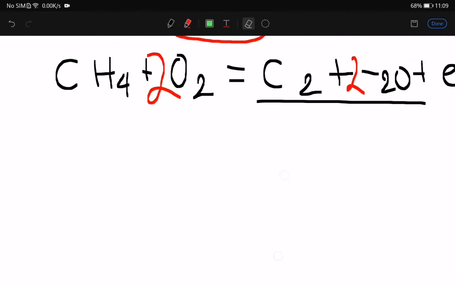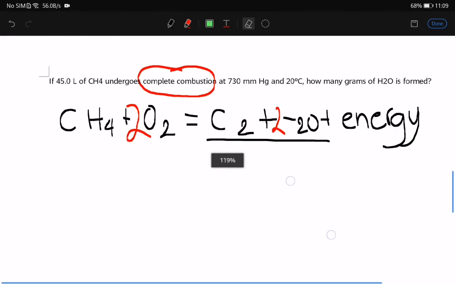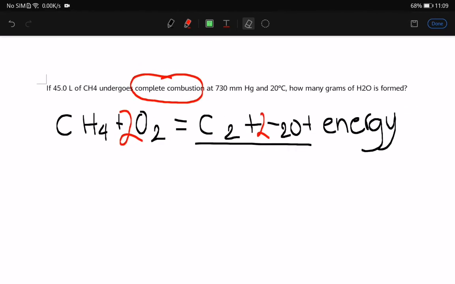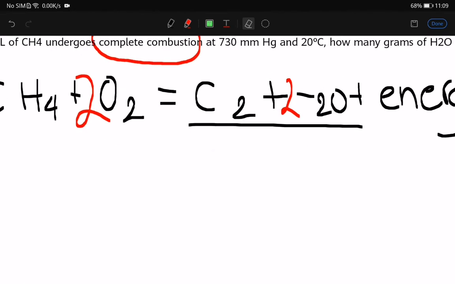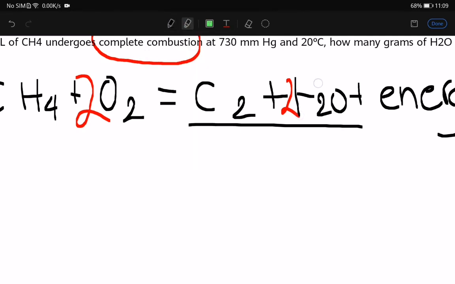Just a quick heads up, a little clarification on my side. So we now have 1.80 moles of methane. Here, so you don't get confused, it's H2O.